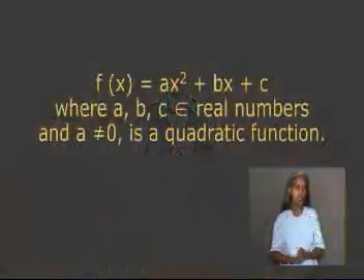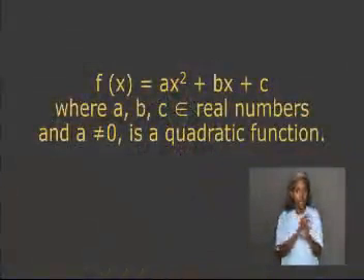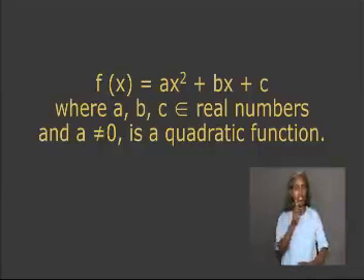A quadratic function is similar to a linear function, but with some important differences. A function defined by f of x equals ax squared plus bx plus c, where a, b, and c are real numbers and a does not equal 0, is called a quadratic function.